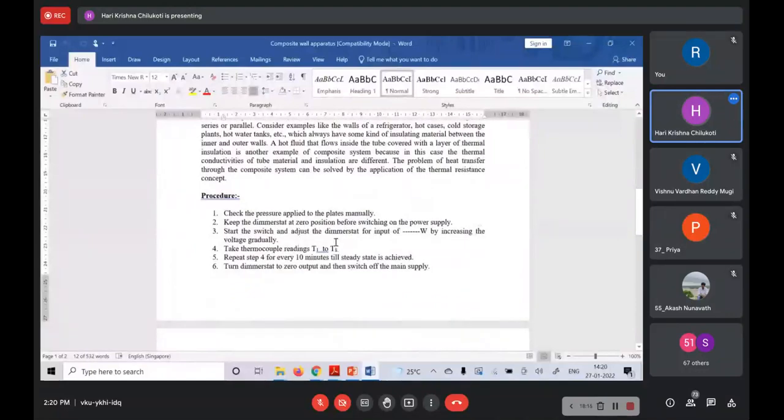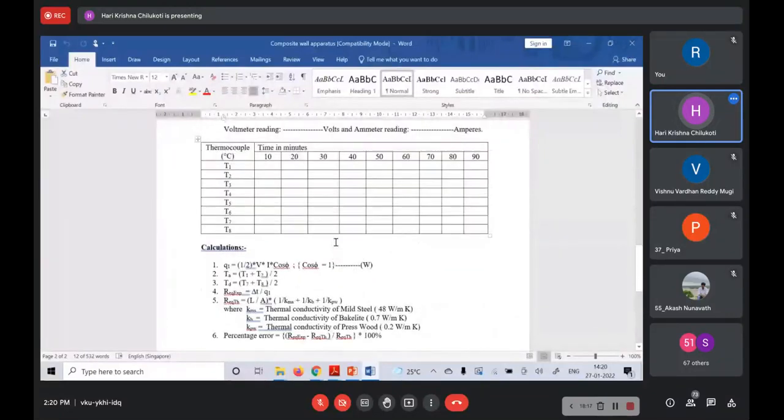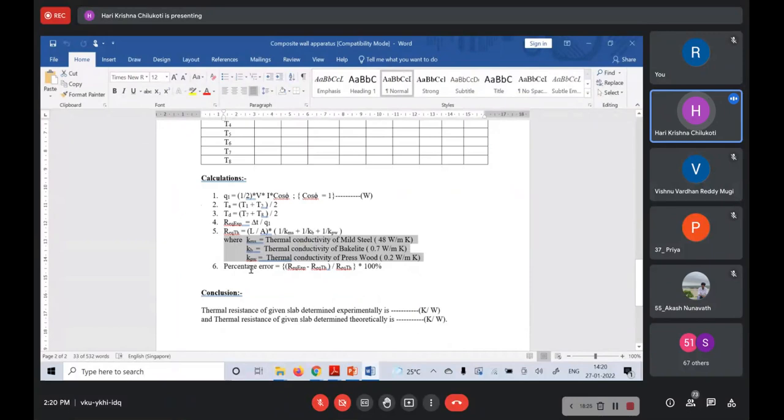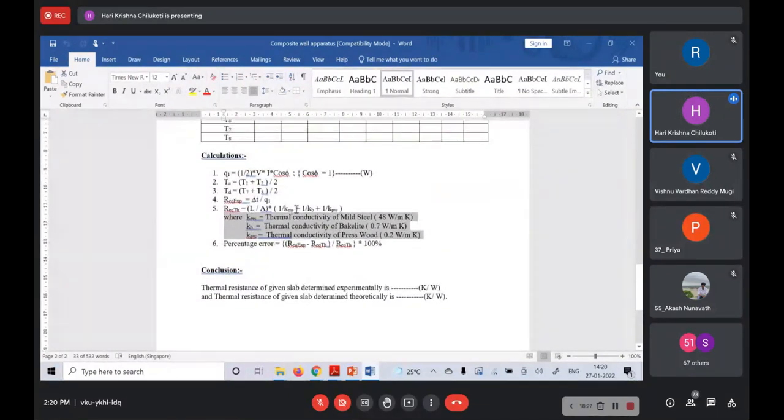At the same time, the thermal conductivities of the three materials used in the experiment are also given here. Now we can substitute these quantities. L is the thickness of the slab, and A is the surface area from the diameter of the slab. We can substitute these and find the equivalent thermal resistance from theory.